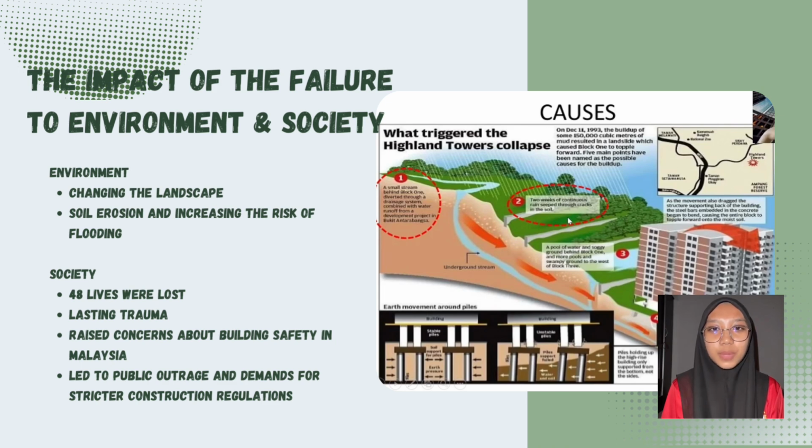The event sparked public outrage, with communities demanding stricter construction regulations to ensure such a tragedy would not happen again. This societal impact served as a stark reminder of the human cost when safety and quality standards are compromised.